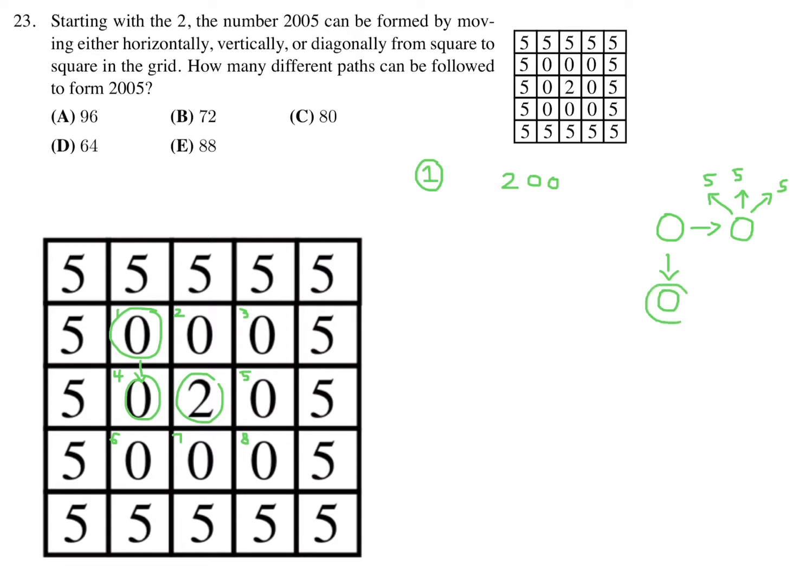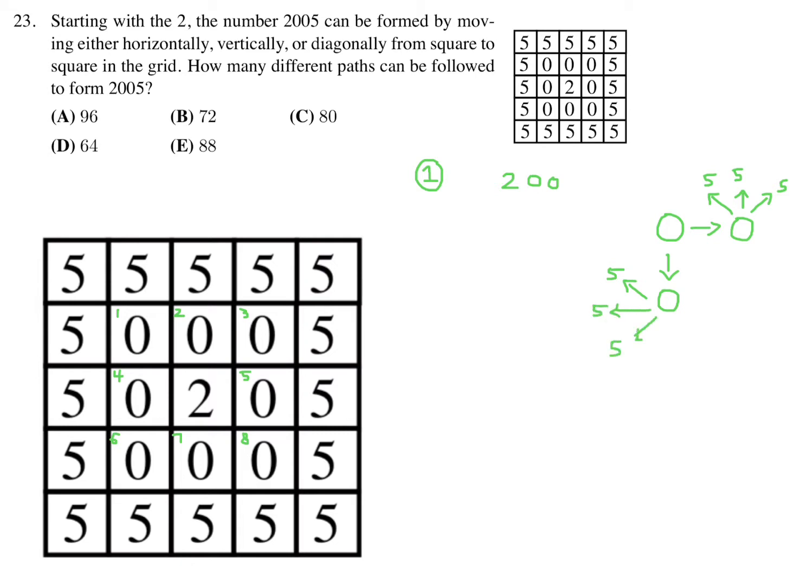This is what this one is represented as. And how do I get to a 5 from there? I can go either here, here, or here. Correct? So that's 3 ways, and I'll draw those in: 5, 5, and 5. And that's it.